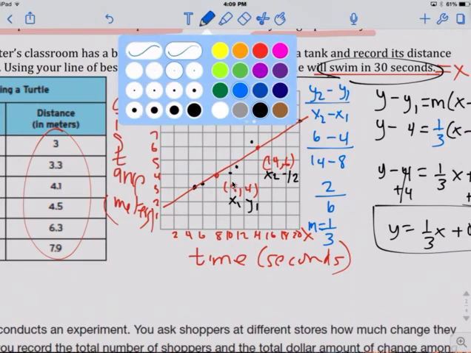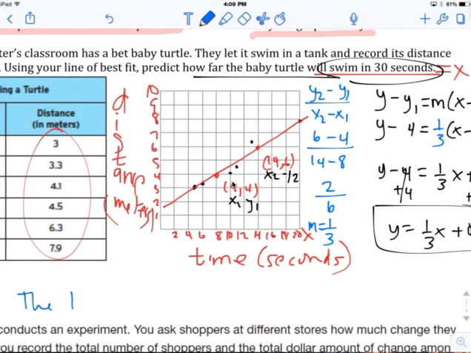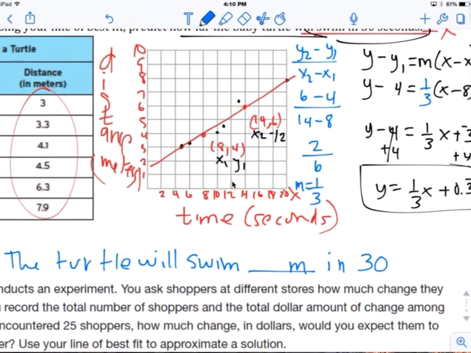So remember, go back. The turtle will swim blank meters in 30 seconds.